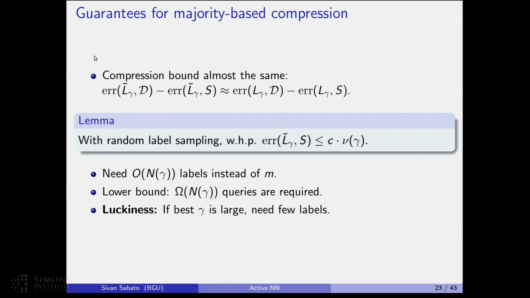Yes? Gamma can be tiny and gamma can be small, right? Gamma can be tiny. Well, it depends on the doubling dimension, essentially. But for a fixed problem, of course, if you increase gamma, your n gamma is smaller, right? Yeah, absolutely. It could be tiny for tiny gamma, right?